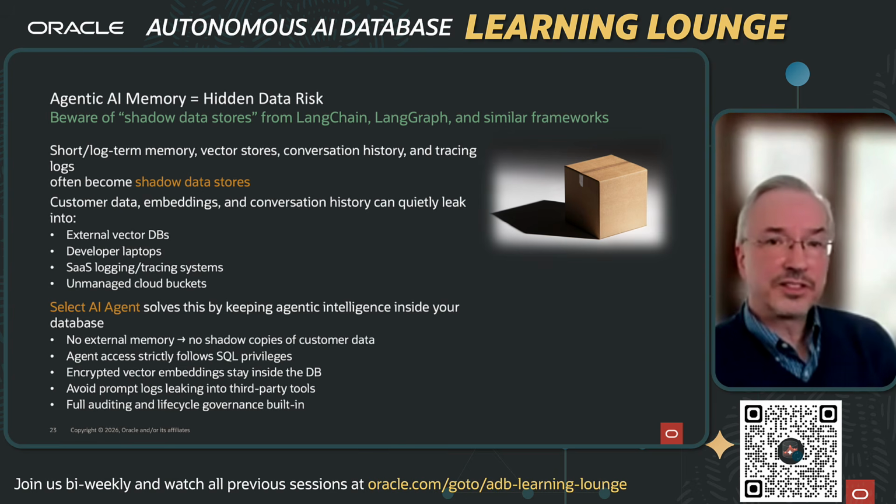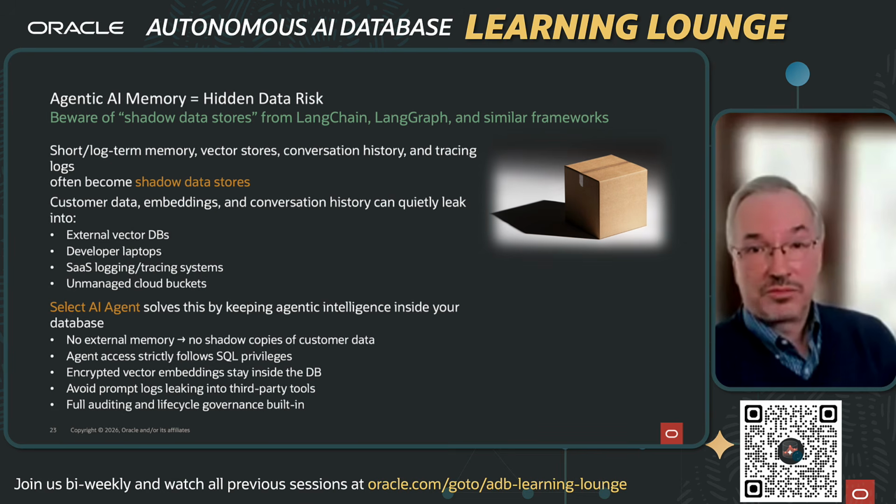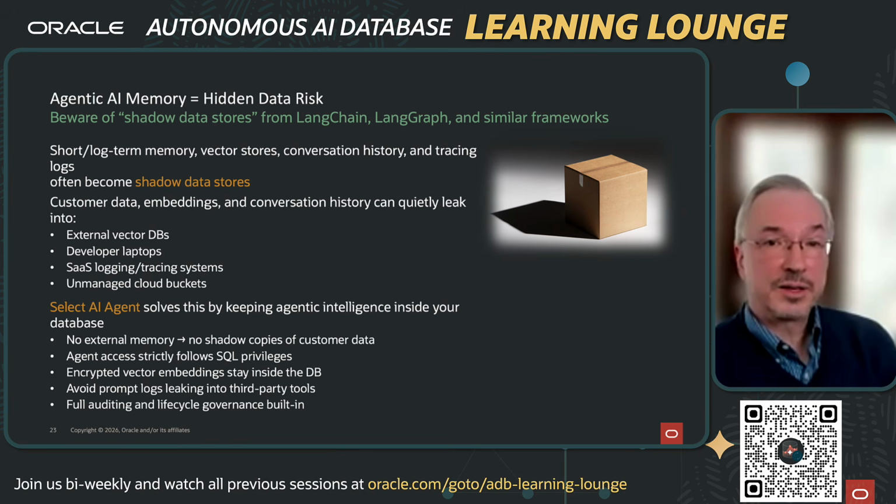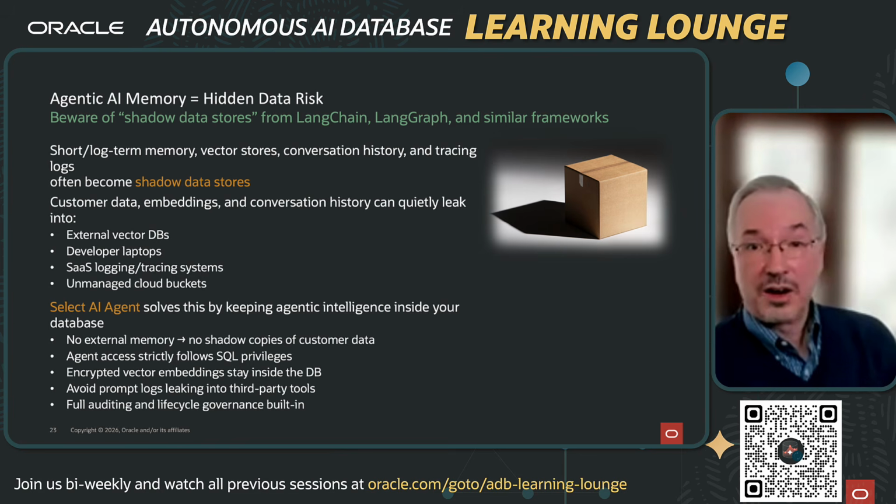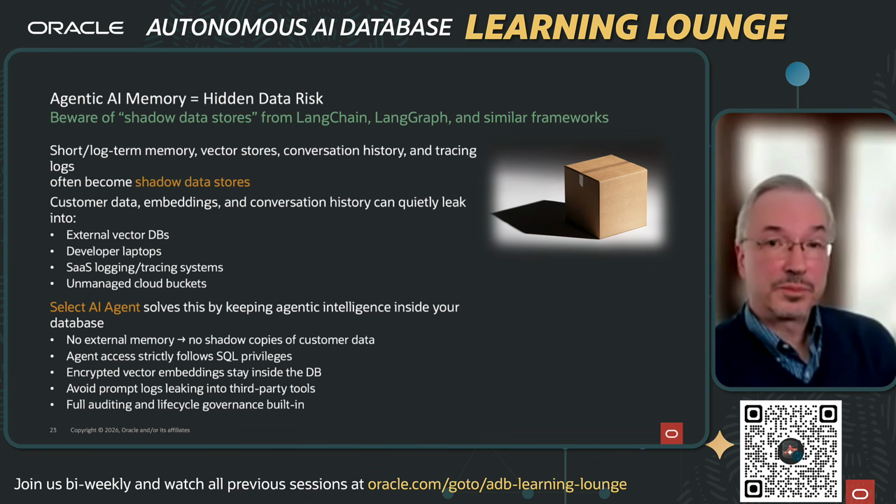The Select AI agent framework addresses this by keeping agentic processes and memory within your database. Data access follows established database policies, and all vectors and prompts remain securely inside the database. In addition, auditing and lifecycle governance are built in for greater data protection.